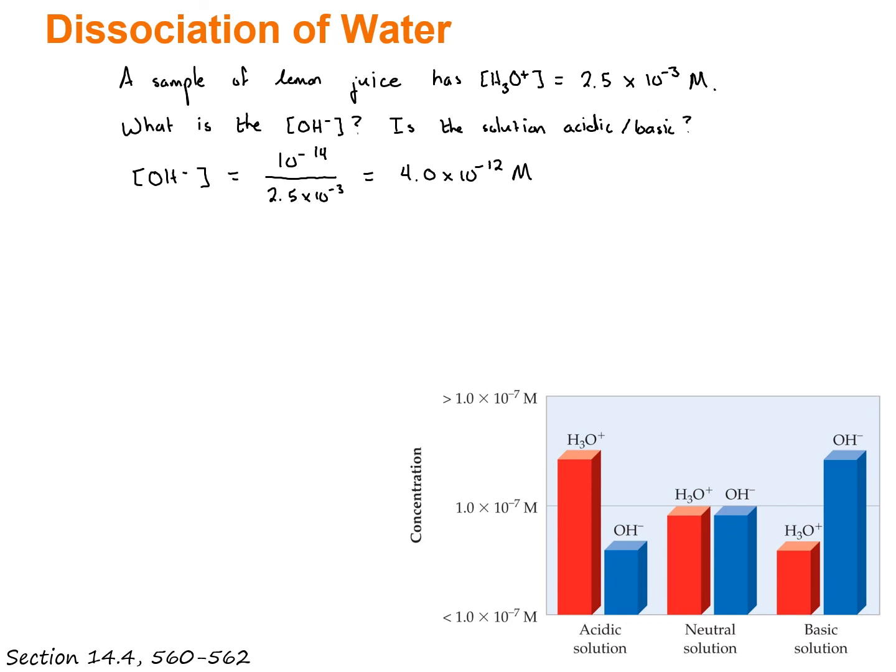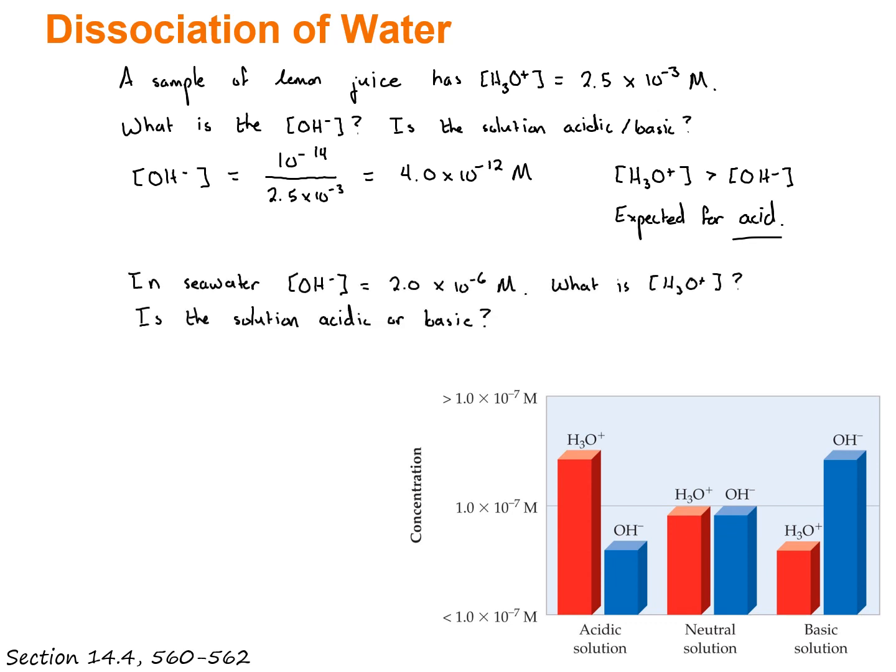And that's going to give us 4 times 10 to the minus 12 molar. In this case, we can see that the hydronium concentration is greater than the hydroxide. And it's lemon juice, so we should expect that it's an acid. And so it seems on par with what we would expect for an acidic solution.